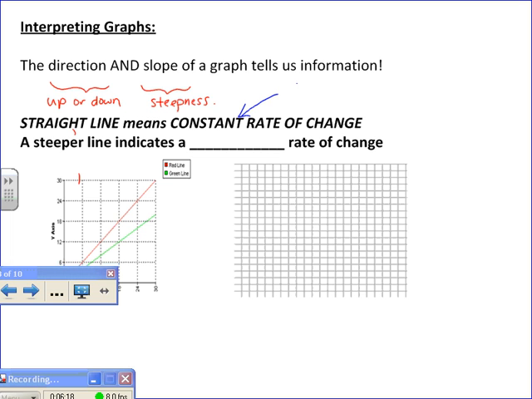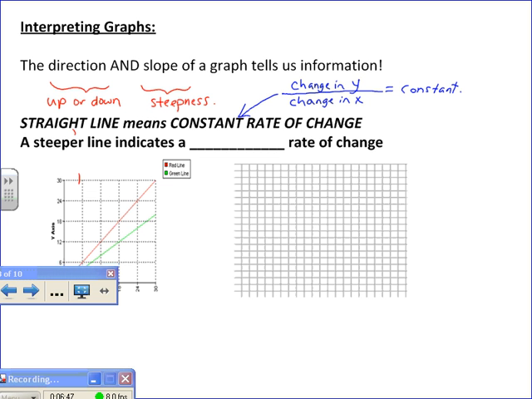So it means here that the change in our y quantity, so whatever's plotted on our y-axis, over the change in x is constant. So in other words, if it was distance and time, every minute or every unit of time, y is changing at a constant amount. And so we see a straight line.